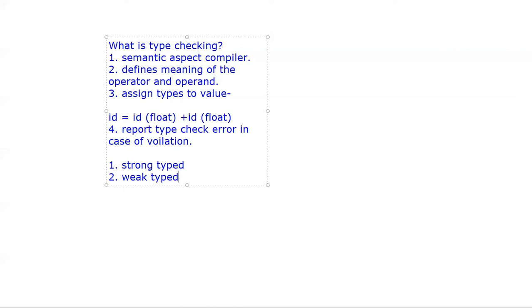But if it's a weak typed language, then there will be so much flexibility. Maybe you will find some different type of output so that you'll come to know you have done something wrong in the program logic, but it won't give you a direct error at the time of compilation, or it will give you a warning that can be ignored.